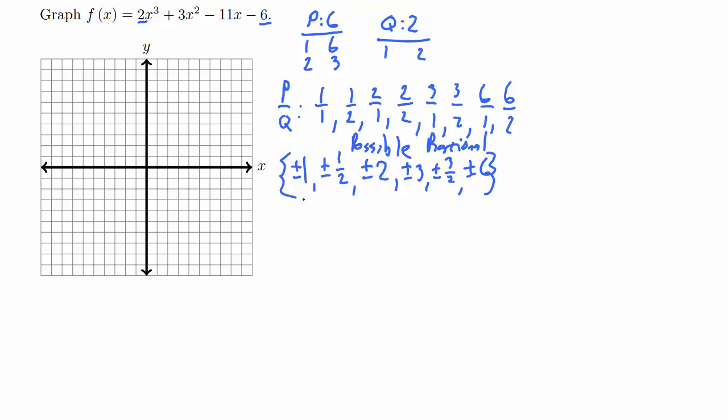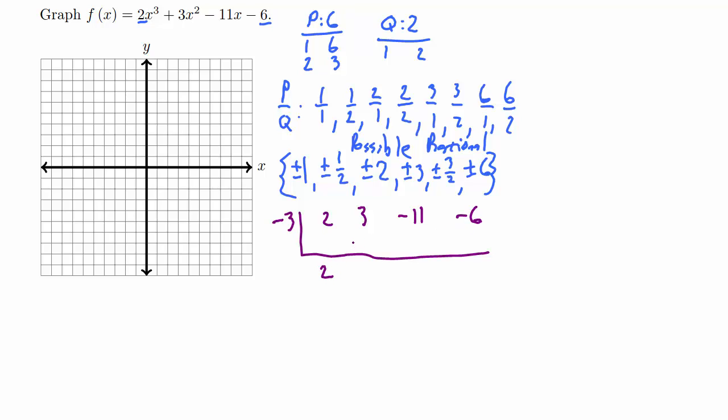But you can't just say, well, by the calculator, -3. It doesn't work that way. You have to prove it. And proving it is easiest using synthetic division. So take that -3 and plug in these values: 2, 3, -11, -6.